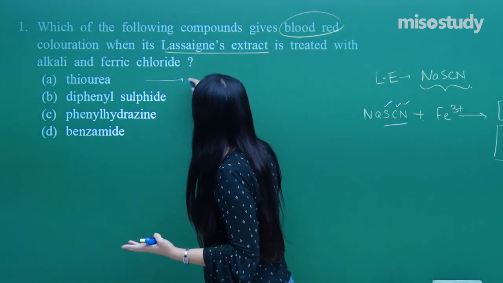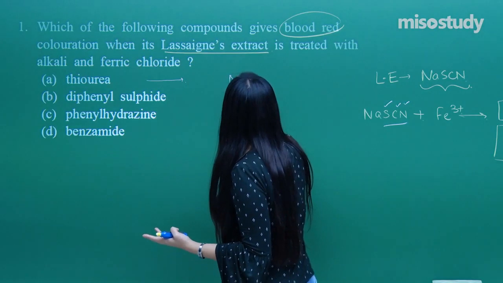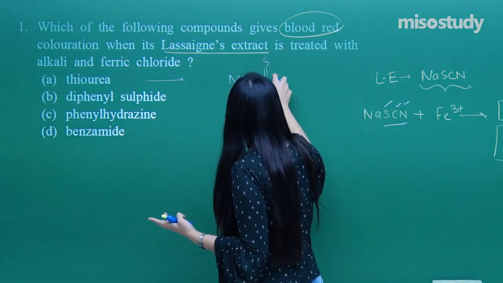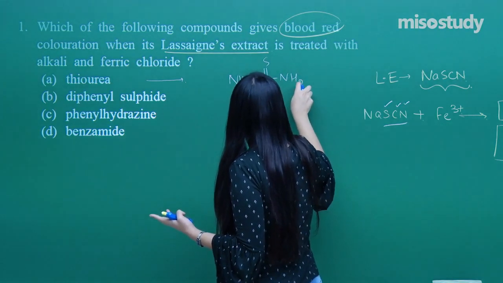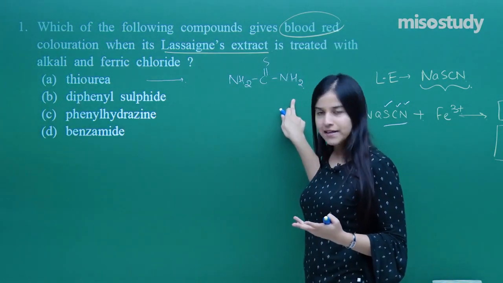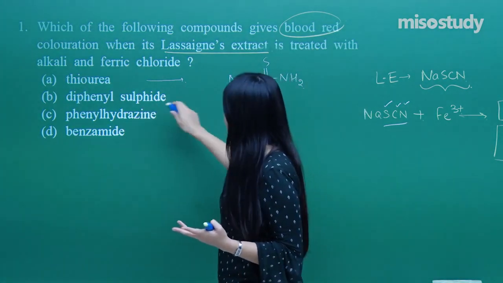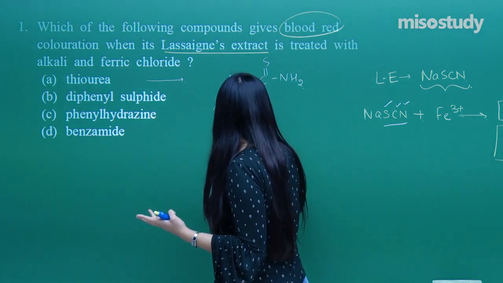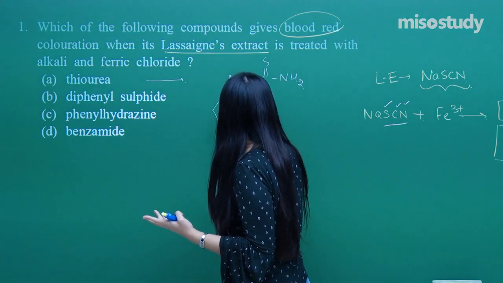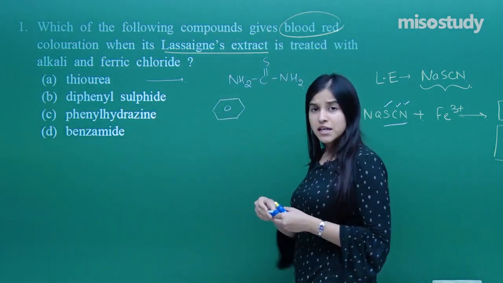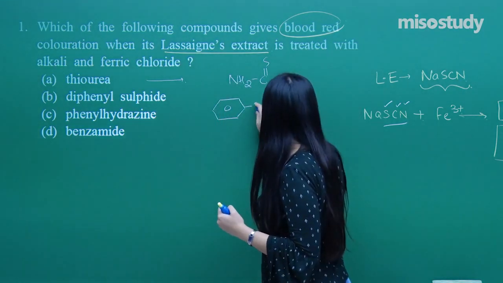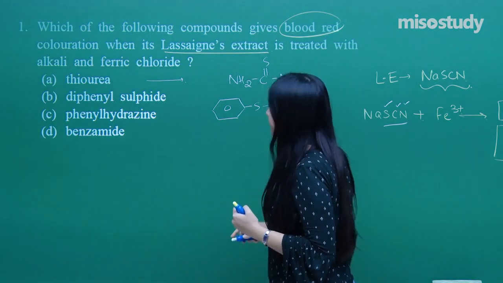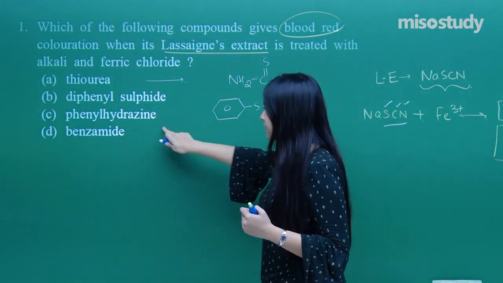First of all, if I consider thiourea, you need proper information about the structure of all of these compounds. Thiourea looks like this. Next is diphenyl sulfide. I hope everybody knows what diphenyl sulfide is. If not, you can just easily form the formula. So that is the structural formula for it. Next is diphenyl hydrazine.